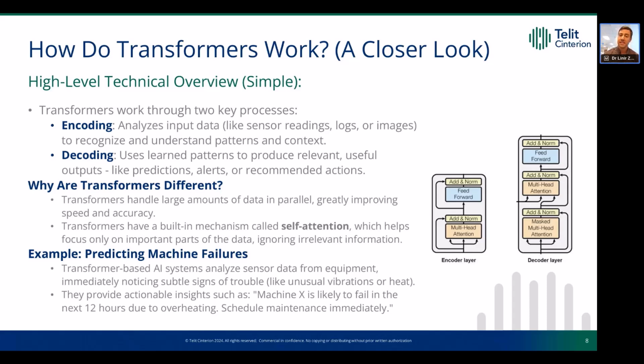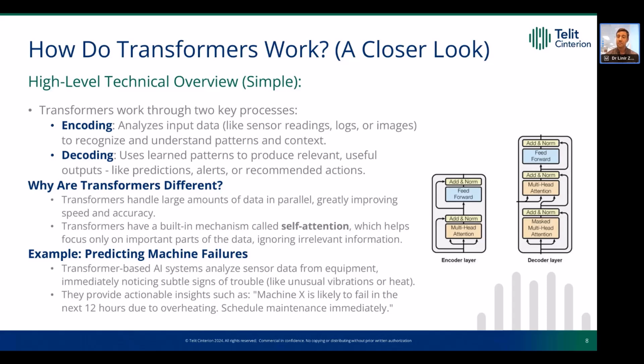So it can do it very, very fast. Transformers have a built-in mechanism called self-attention, which helps focus only on important parts of the data, ignoring irrelevant information. Very sophisticated, very useful for any type of data processing. For example, in prediction of machine failure, a transformer-based AI system analyzes sensor data from equipment and immediately notices subtle signs of trouble, for example unusual vibration or unusual heat or temperature.